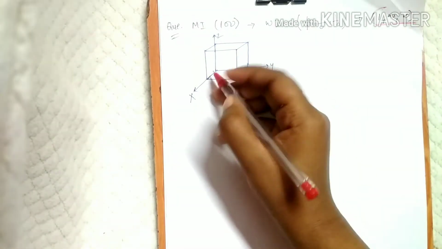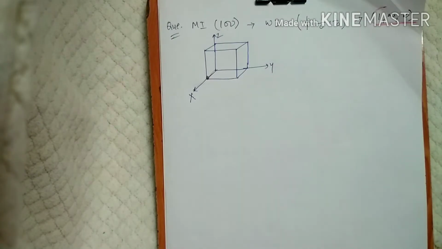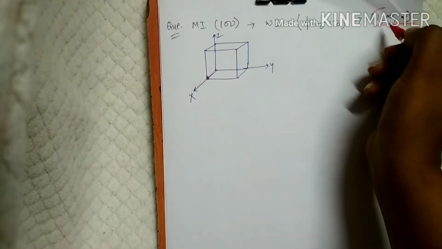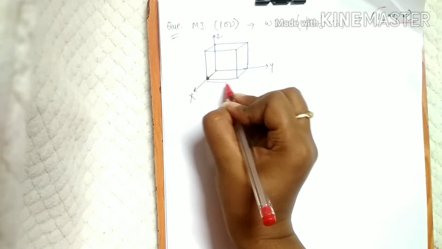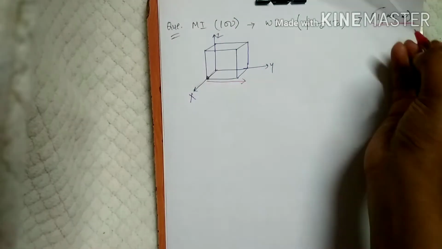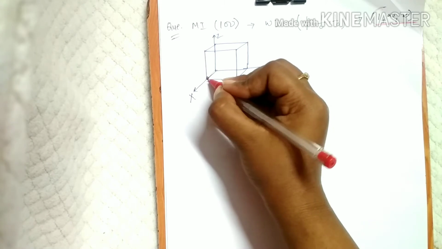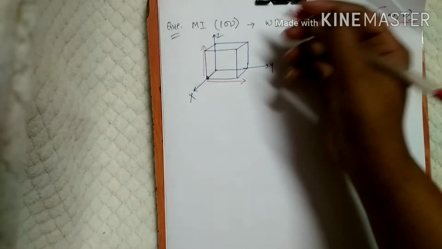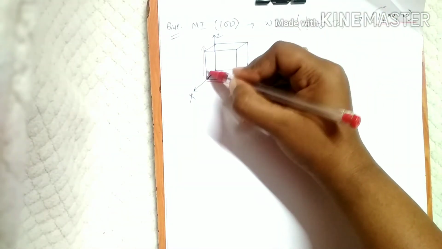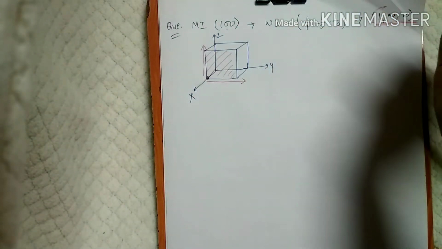First locate that. Along the x-axis, 1 is this point. Now along the y-axis it is going to infinity. From this point go along the y-axis up to infinity like this. Also it is going up to infinity along the z-axis. So again from this point go to infinity along the z-axis. Which plane are you getting now? This plane. So this is your plane corresponding to the Miller indices 100. This way you find the plane corresponding to given Miller indices.